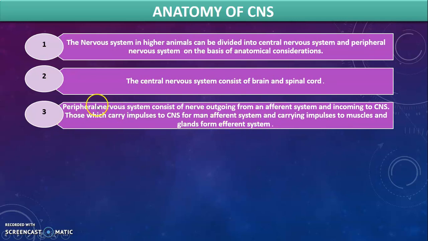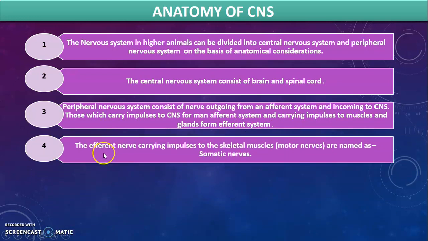Here we have to understand what is the peripheral nervous system. It involves the afferent system and efferent system. Afferent means nerves incoming to the central nervous system, and efferent means nerves carrying impulses to the muscles and the glands.